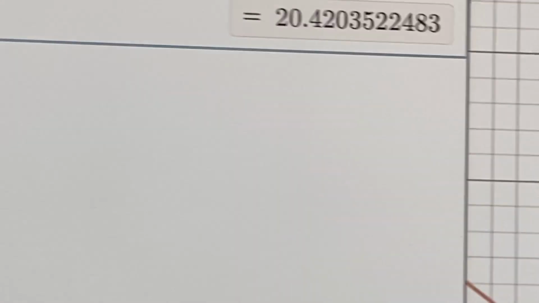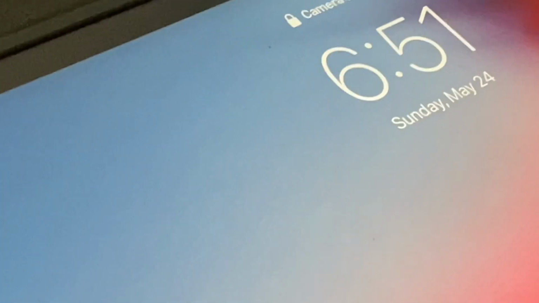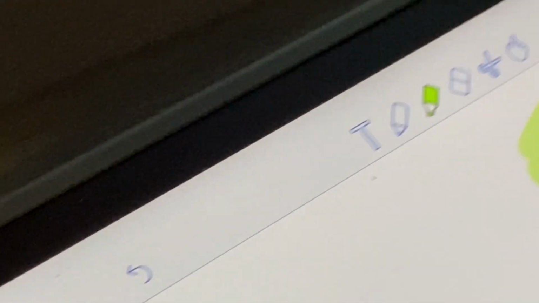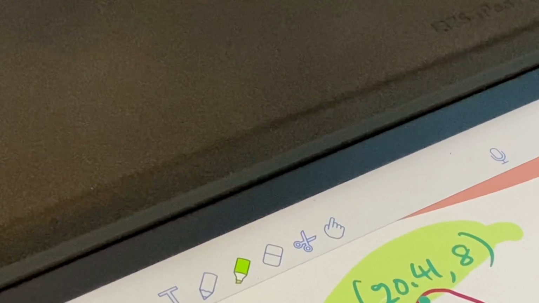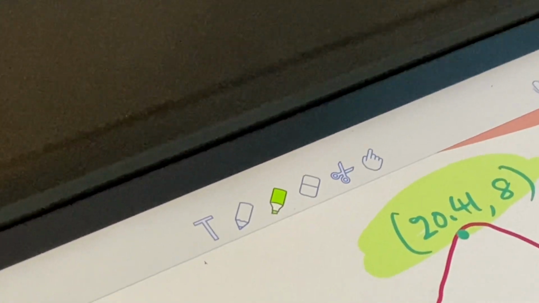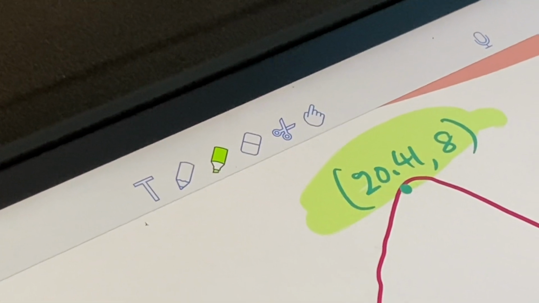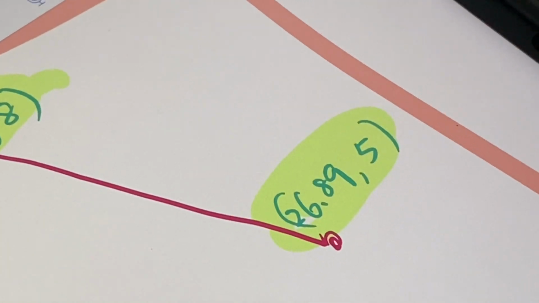Oh my gosh, 20.42. It will be roughly the same.